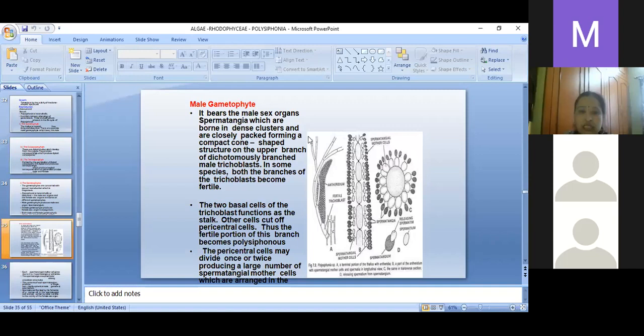After the basal cells, many different cells are there, and these cells cut off pericentral cells.